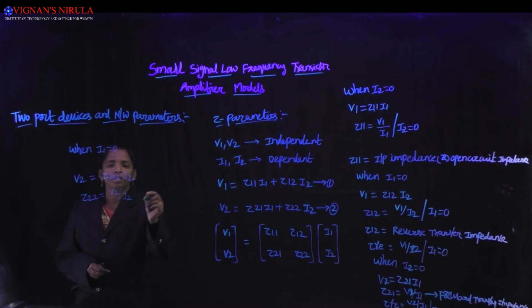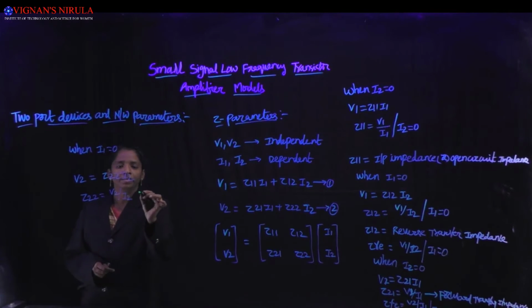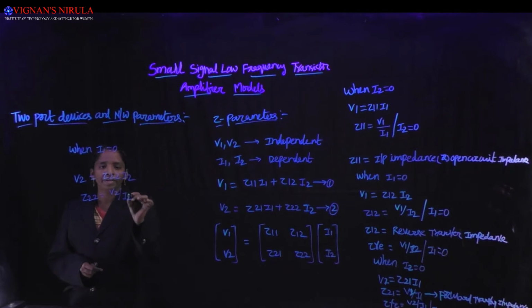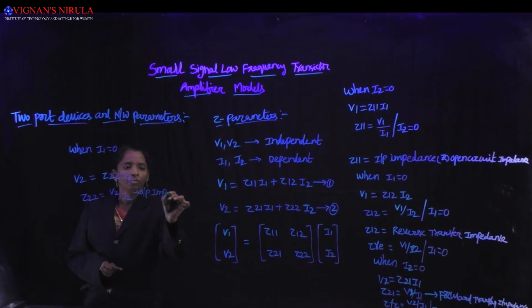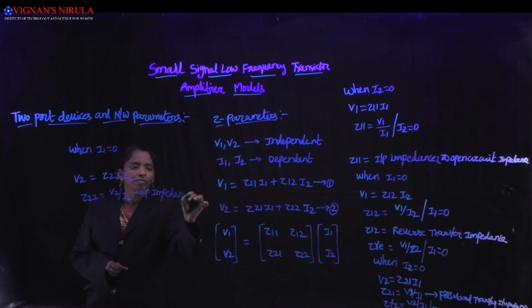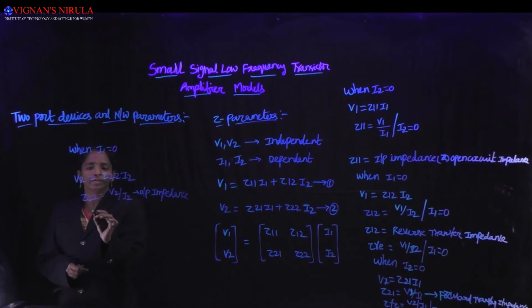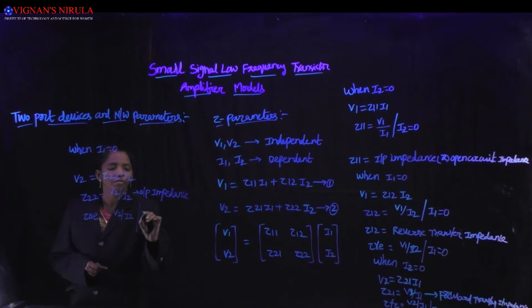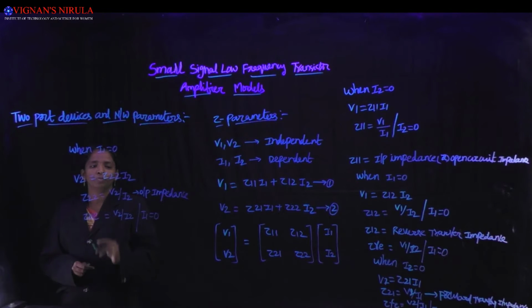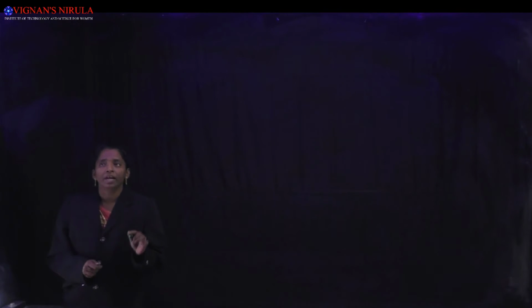It is called output impedance, impedance at the output port. It is also written as ZOE. ZOE equal to V2 by I2 at I1 is 0. O indicates output impedance. Now we are going to see the Y parameters.